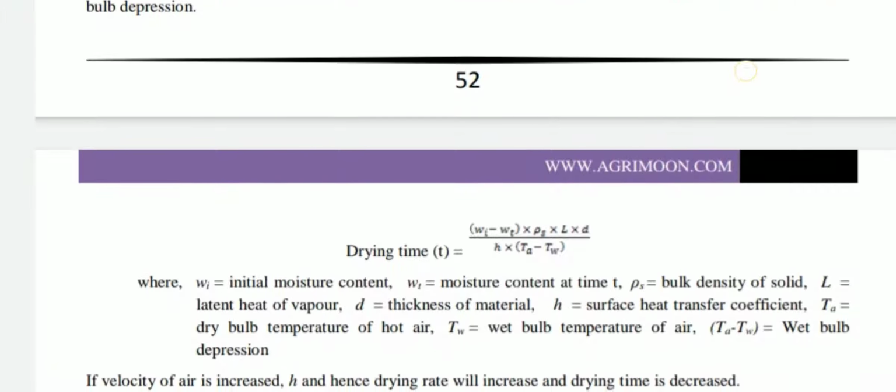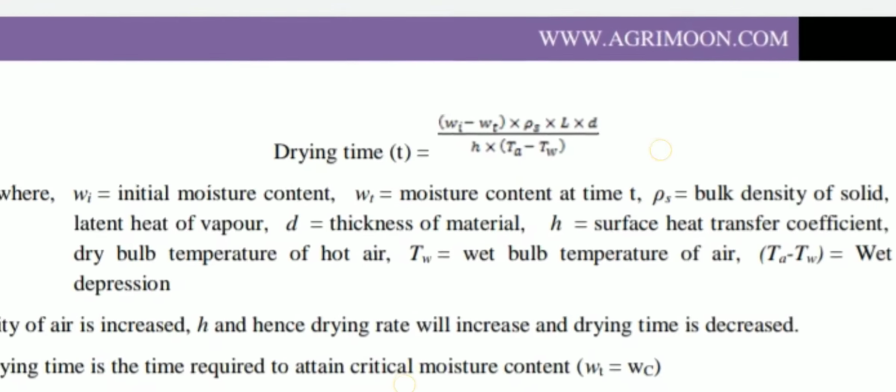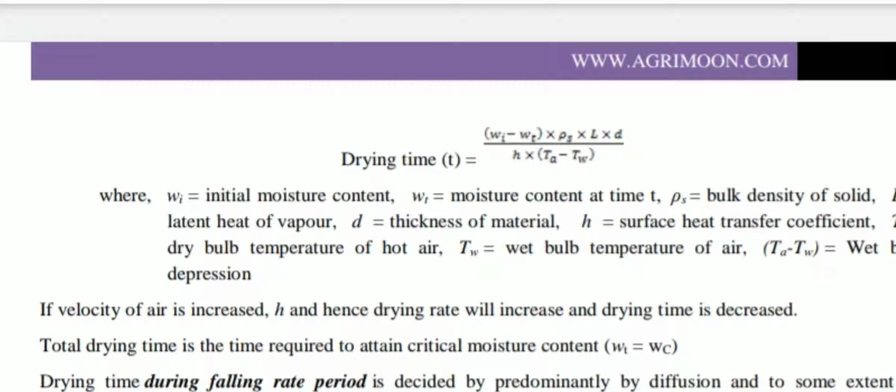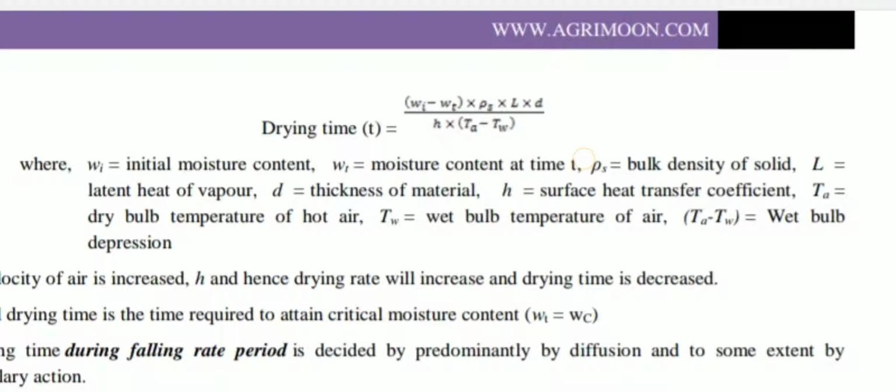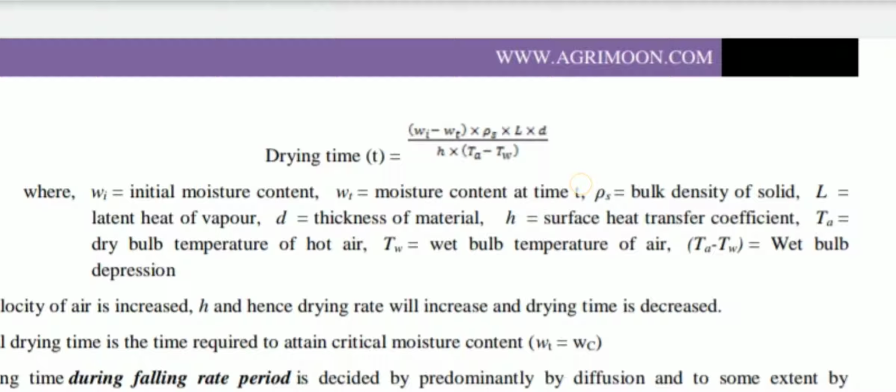now we can understand this by this formula, where drying time is equal to, in brackets, Wi, that is initial moisture content, Wt, the moisture content at time t, and rho s, the bulk density of solid, and L, capital L, is the latent heat of vapor, small d is the thickness of material, small h is the surface heat transfer coefficient, Ta is the dry bulb temperature of hot air.